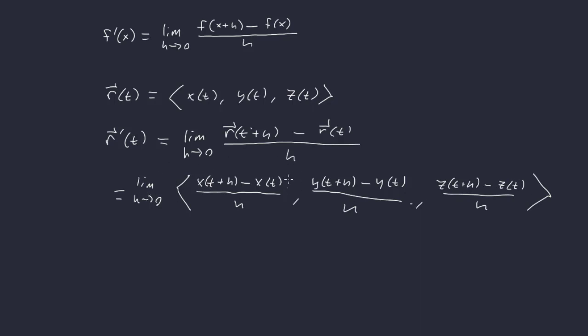But now we can move the limit in, and when we do, this actually just becomes x prime of t, comma, y prime of t, comma, z prime of t. That's really all there is to it. If you want to take the derivative of a vector valued function, it's just the derivative of each piece.